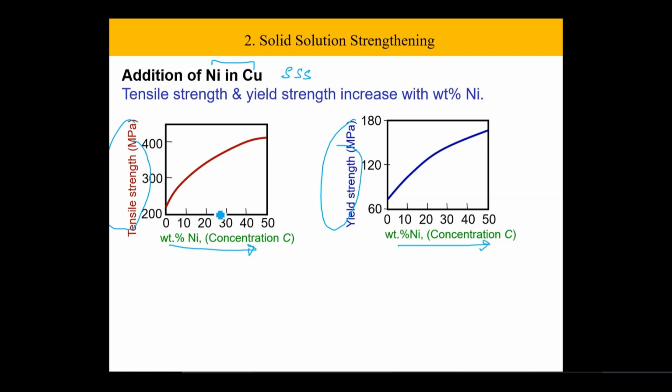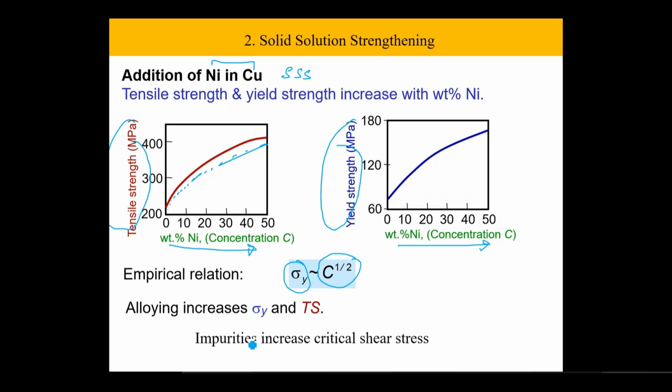So as you have more amounts of nickel added, the amount of distortion increases, which increases the tensile strength or the yield strength of the material, or it basically increases the resistance of the material against plastic deformation. The empirical relationship is that the yield strength is approximately equal to the under root of the concentration of the foreign atom that is being added to the material.